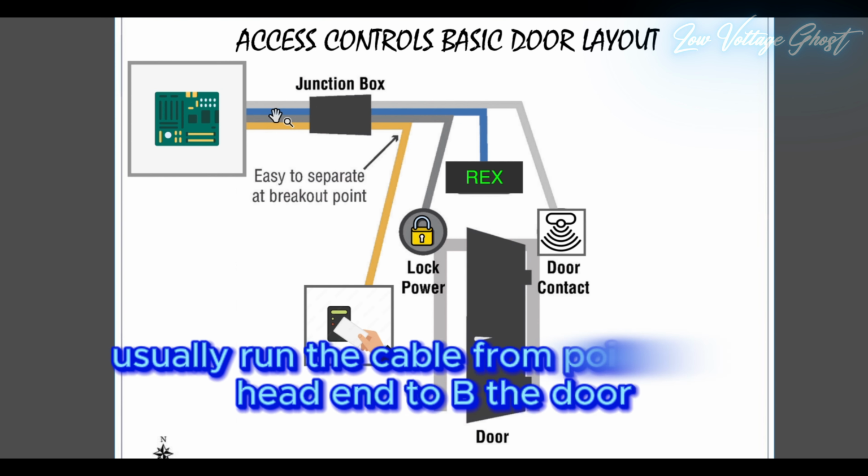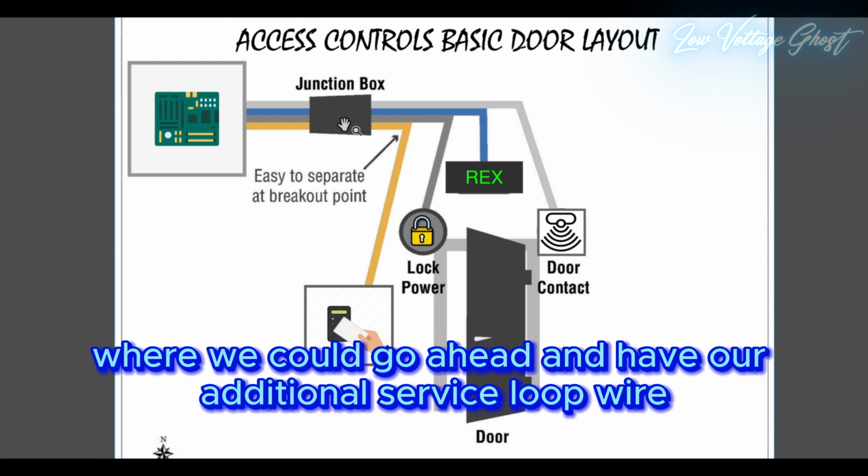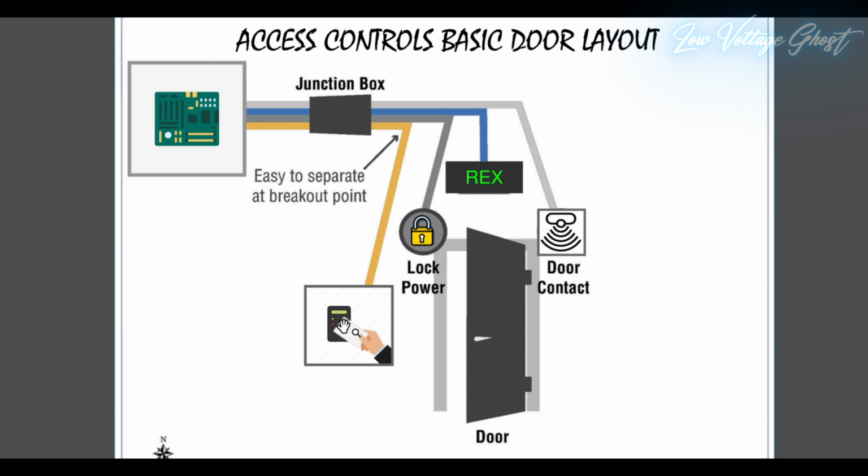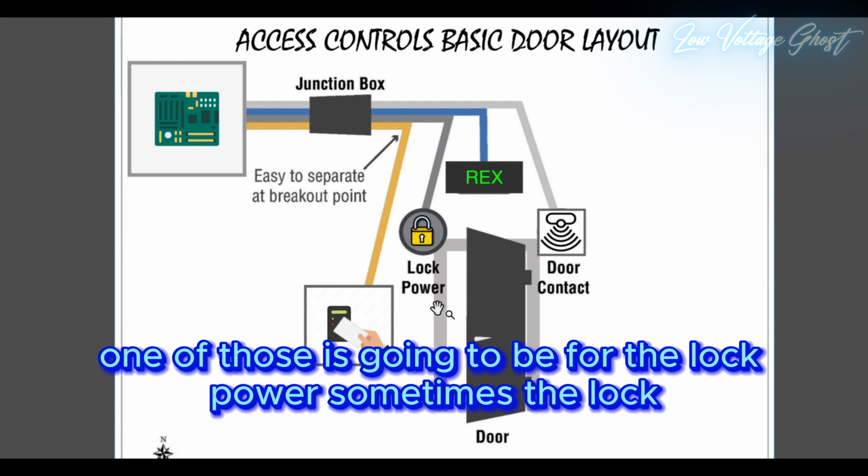We usually run the cable from point A, the head end, to B, the door, but sometimes we have a junction box installed above the door where we can have our additional service loop wire. One of those wires is for the card reader, like I said. One of those is going to be for the lock power.